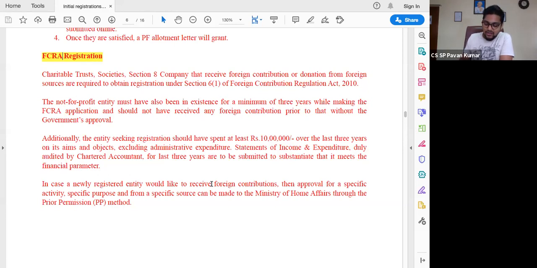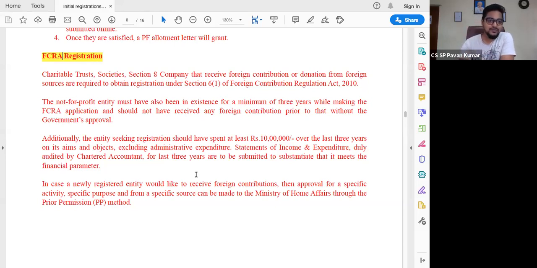This is to keep track of donations coming into India and to identify the source of the money, because most of the time money can be infused into India for illicit activities, terrorist activities, smuggling, or to affect the sovereignty and integrity of India. So we have to know from where the money is coming, to whom it is going, and for what purpose it is being used. Hence it is mandatory to file the FCRA return every year.